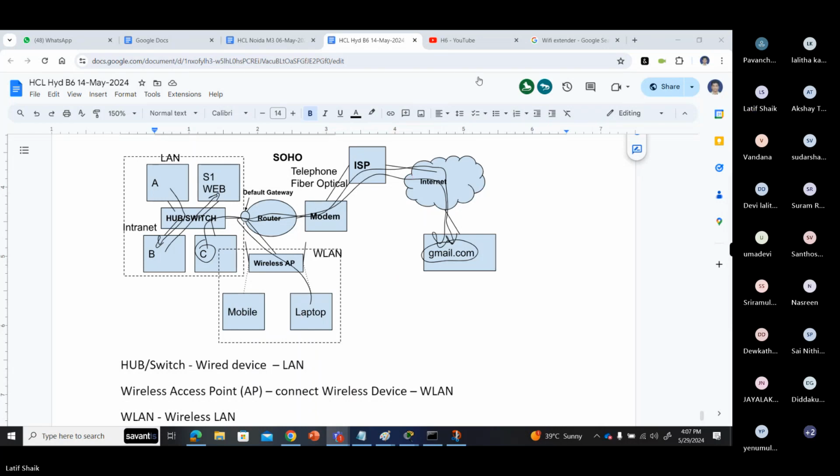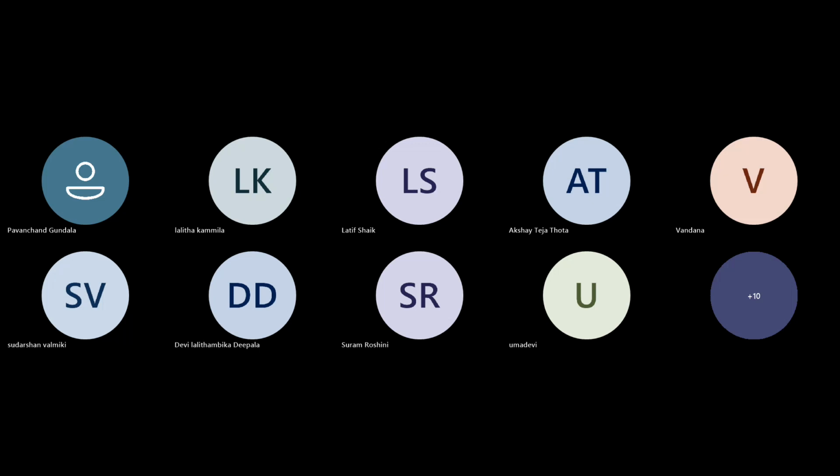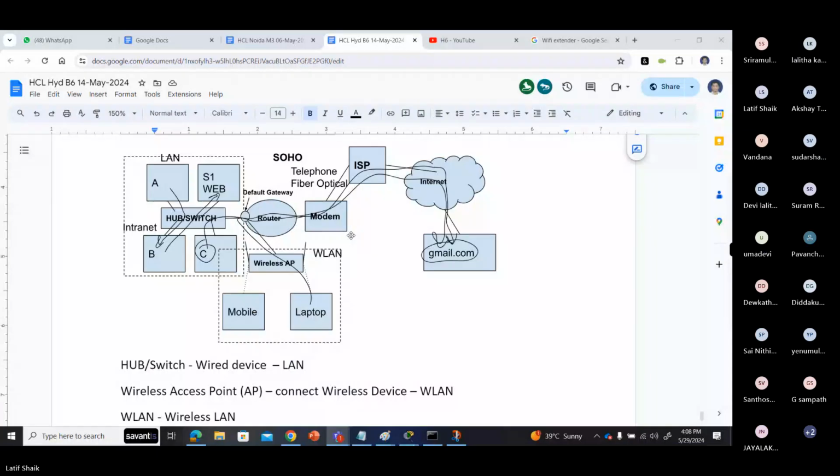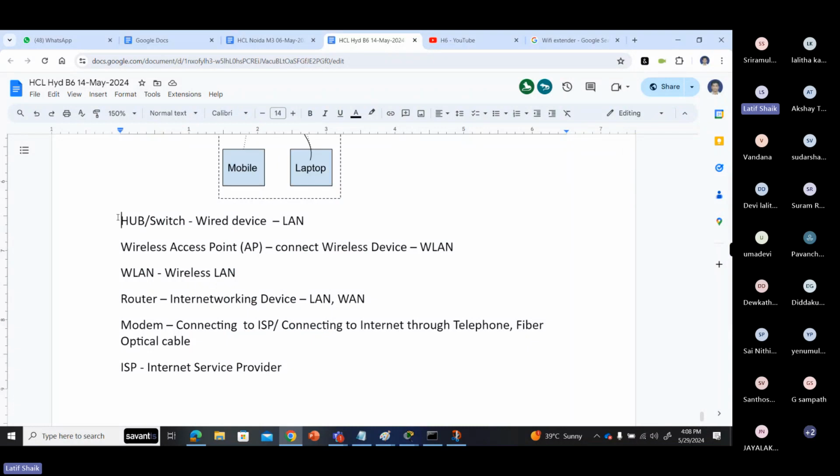Okay. Let's clear my notations. Okay. Here it is. Hub and switches are for wired LAN communication. A wireless access point connects wireless devices to create a WLAN network, meaning wireless LAN network.